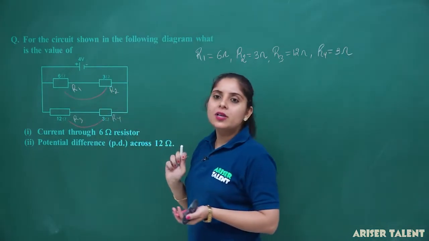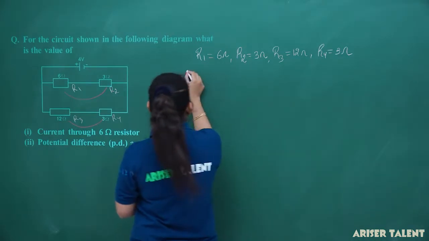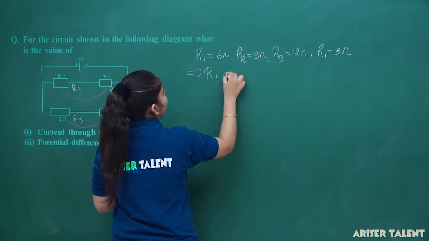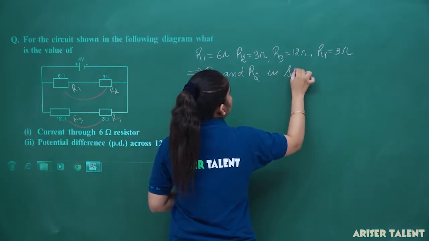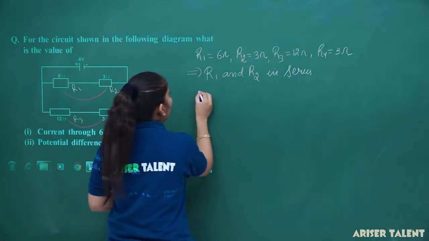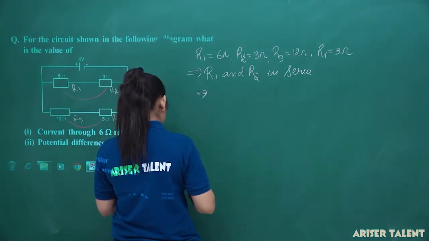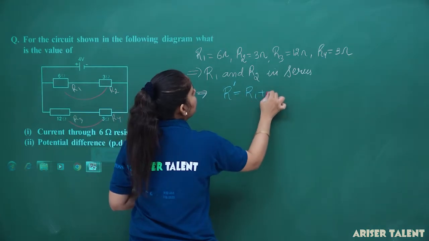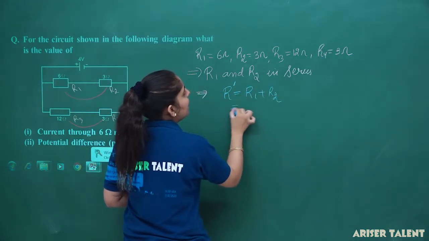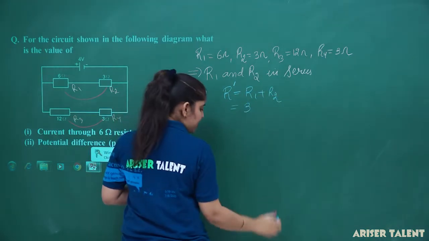R1 and R2 are connected in series. So I can write it as R dash. R dash will be equal to R1 plus R2, and it came out to be 6 plus 3.